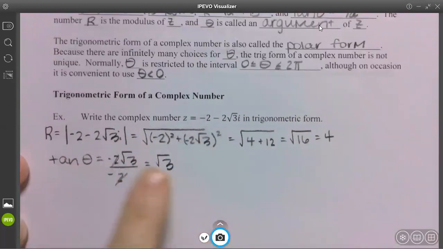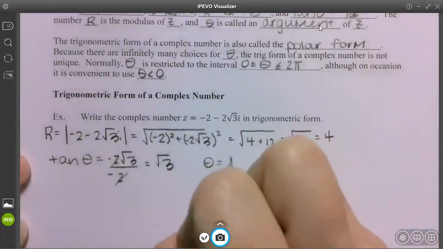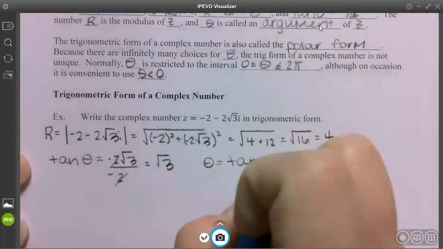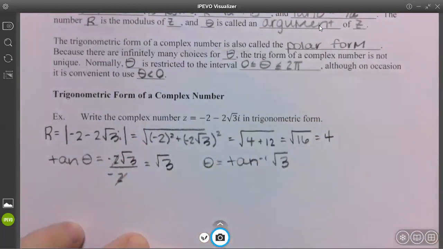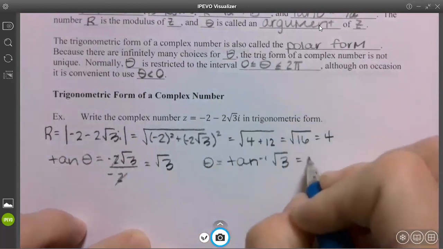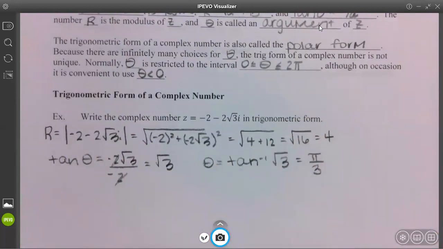So we're going to use tan theta equals square root of 3 to find theta. How do we do that? Remember, we do tan inverse of square root of 3, and that will give you pi over 3.